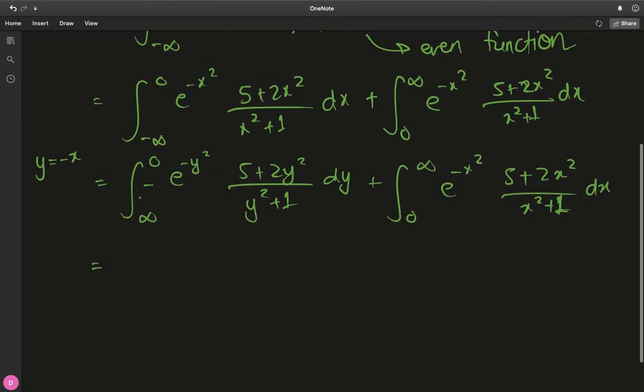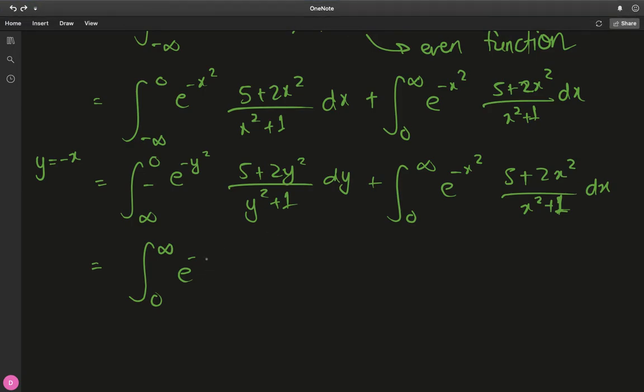So notice that we can use this negative to flip the upper and lower bounds. So we have the integral from 0 to infinity, keeping the upper and lower bounds the same and also the form of the integrand. We can just change this variable y to any other variable, because it doesn't matter what variable we have as long as the integrand and the upper and lower bounds remain the same in a definite integral.